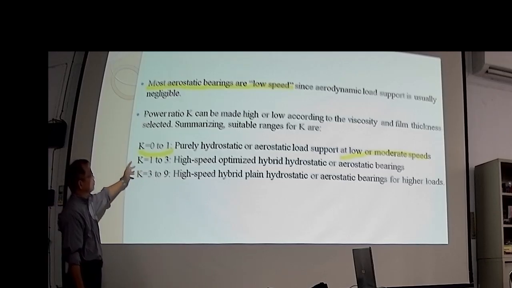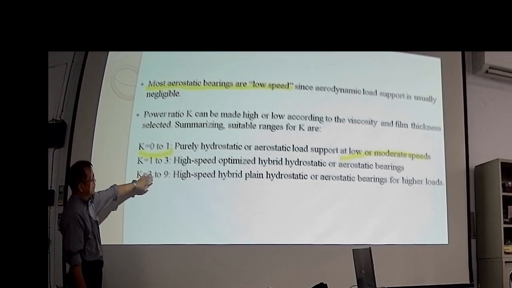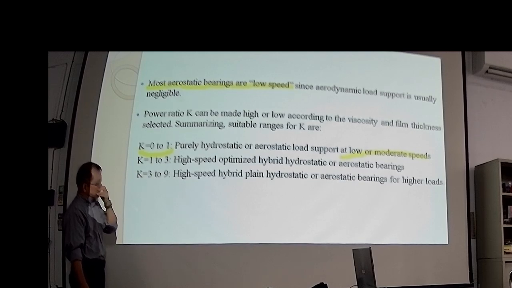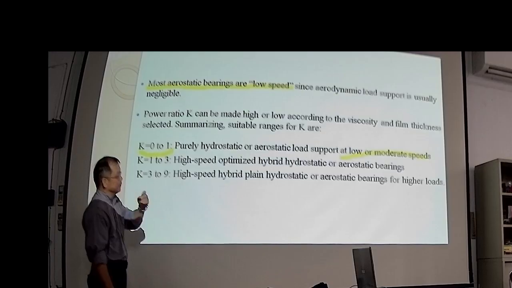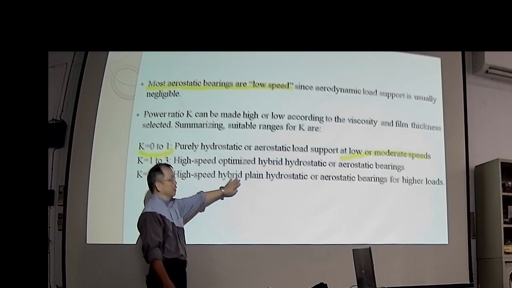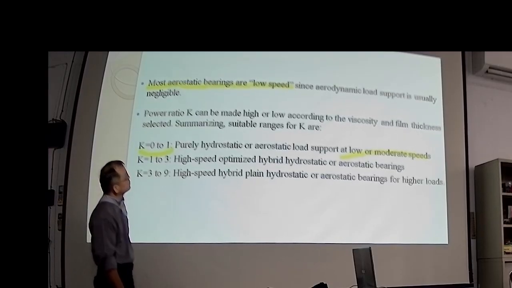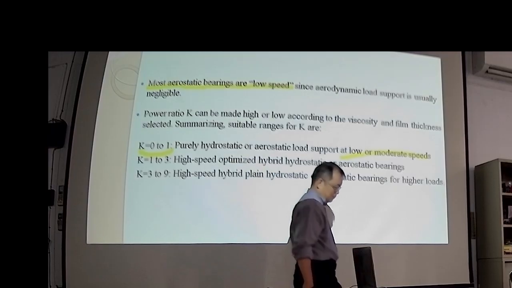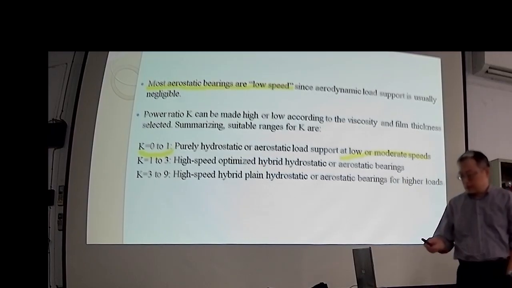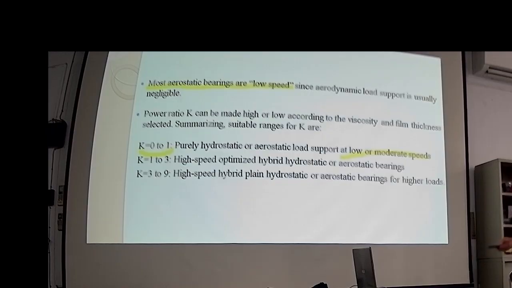And for K equal to 3 to 9, this is a high speed hybrid hydrostatic bearing or aerostatic bearing. This is just the classification of the power ratio, with which we can distinguish whether the hydrostatic bearing is low speed or high speed.